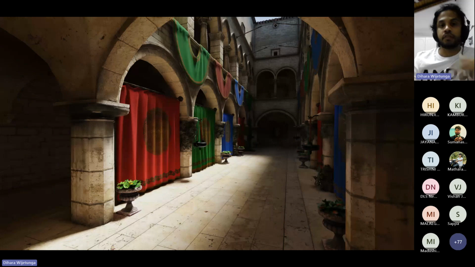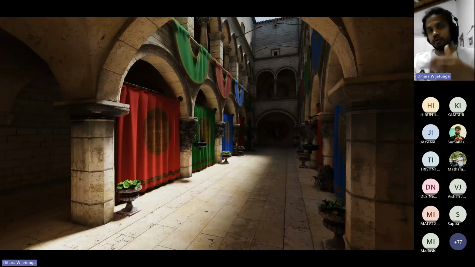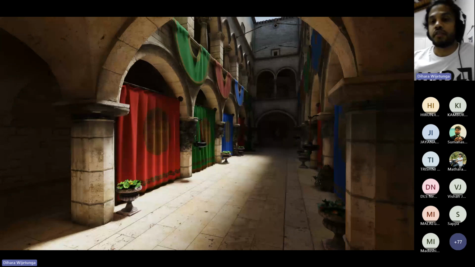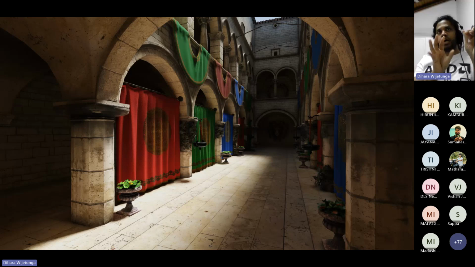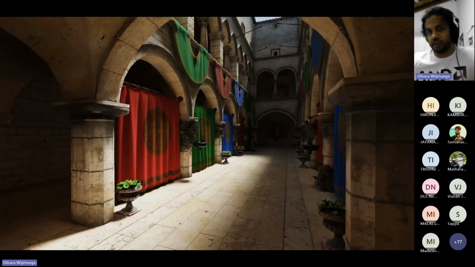For example, the soft shadows you can't really get without ray tracing. So this is all done using ray tracing. The reflections, which you can't really see here, but you can in the next few screenshots. And it also features techniques like ambient occlusion and global illumination, which are basically simulations of light being bounced in the scene. It's a technical term. We don't really need to go into details, but there's a bunch of techniques here.